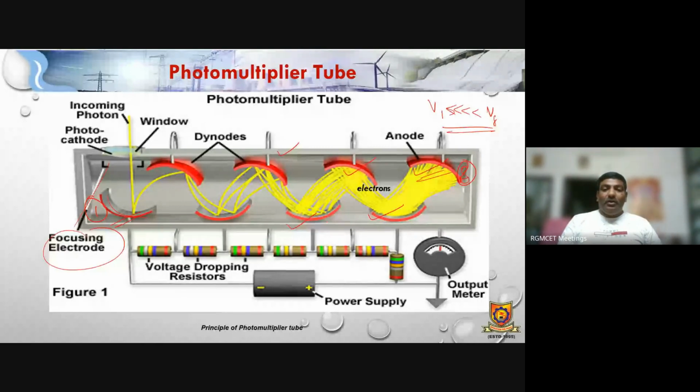We have a fixed supply and can connect various resistors. As the resistance changes, the voltage drops accordingly. All these diodes are placed at different potentials.